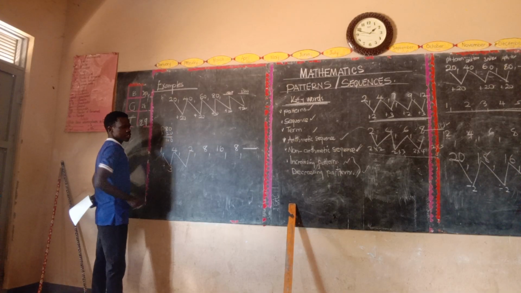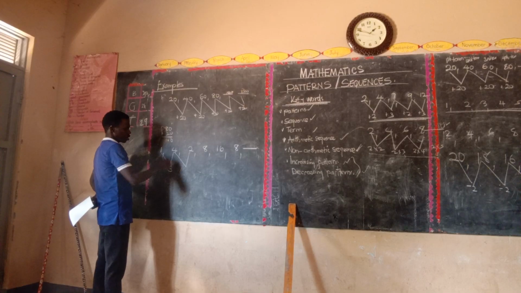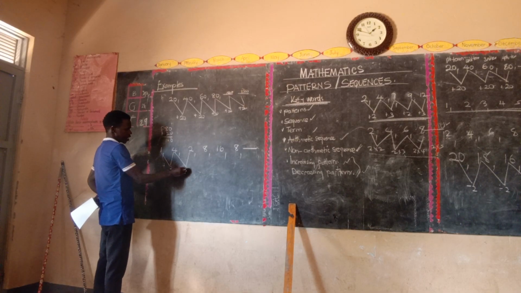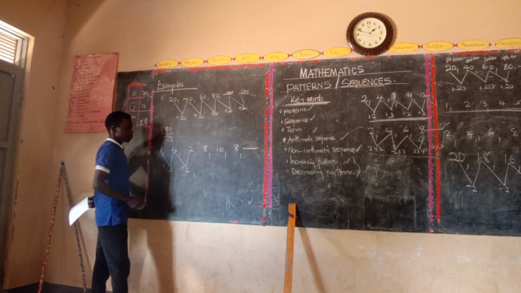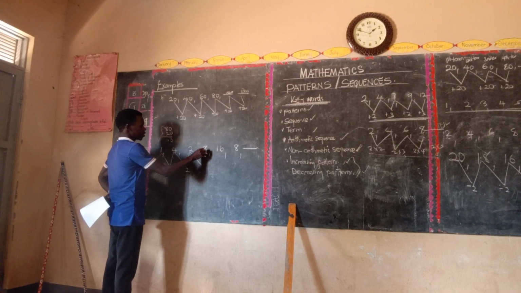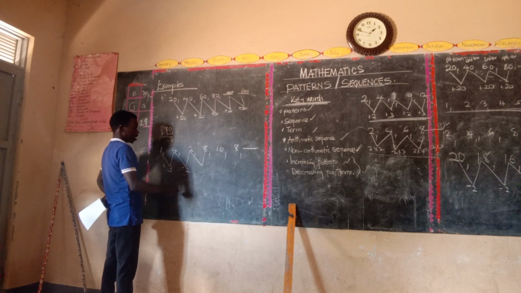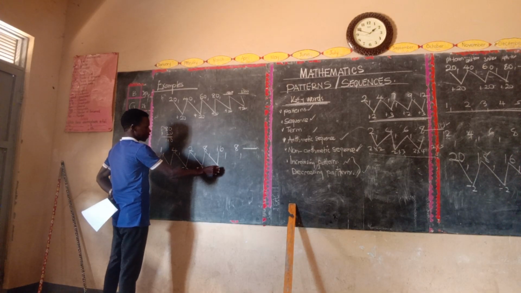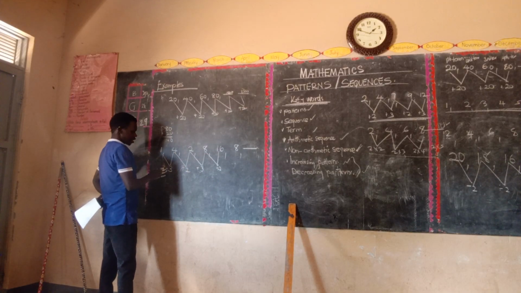When we go to this, we cannot add to 4 to get 2. 4 to 2 is reducing, meaning we may subtract 2. When you take away 4 minus 2, you get 2. And when you come to this, when you add 3, of course it will not bring you 8. Here, when you try to subtract 2, it will not bring you 16. So what does this one mean?